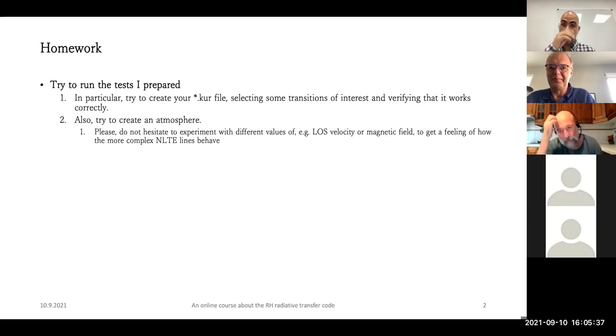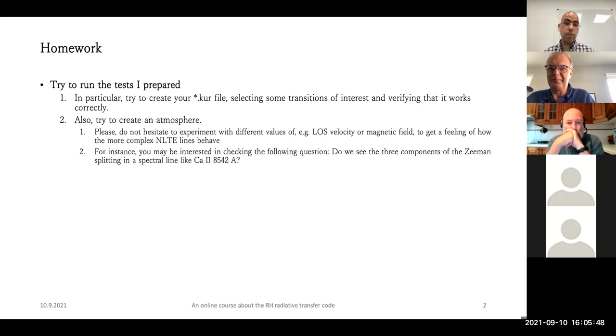The idea is that some of you may be comfortable or used to working with photospheric lines, and adding chromospheric lines is a bit different. So I would recommend you experiment with questions like this: if you add a magnetic field like 1000 Gauss, 2000 Gauss, do you see the Zeeman splitting on the calcium line?